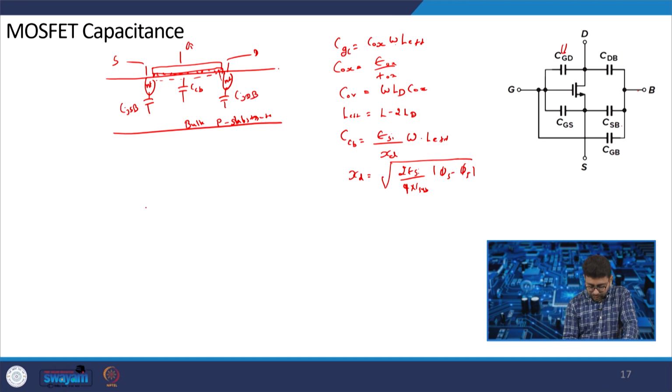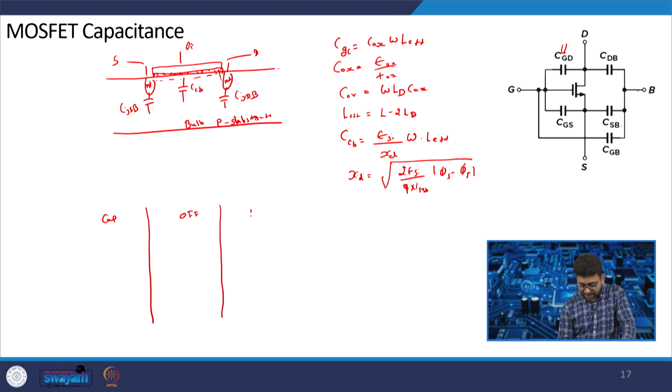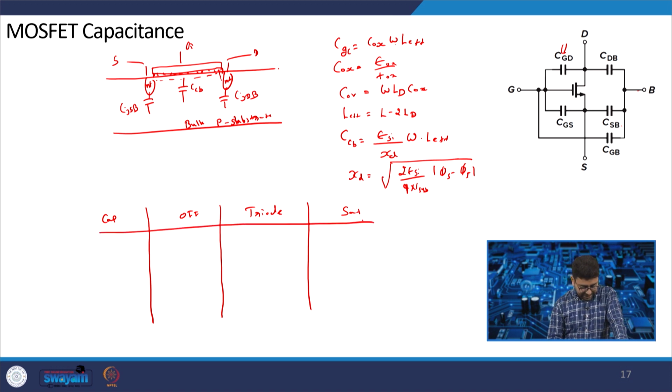If we make a chart, here there is a capacitor, then when the MOSFET is off, then when it is in triode, and in saturation. For CGS, between gate and source, because it is off, there is only the overlap capacitor, so mostly the overlap capacitance COV will dominate.